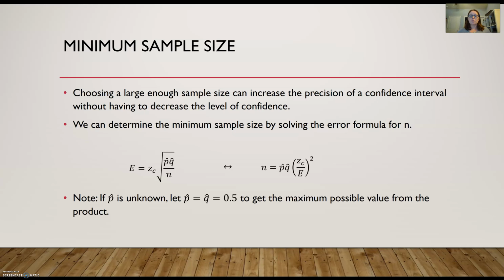So if I take that error formula we've been using, solve it for n, I get this new formula that I can plug in all my values to and find out, well, what's the minimum sample size that I need to get the confidence interval that I'm looking for. If you don't have a sample proportion to plug in here, we're always going to use 0.5, because then when I multiply those, I get the maximum possible value for two decimal numbers between 0 and 1.